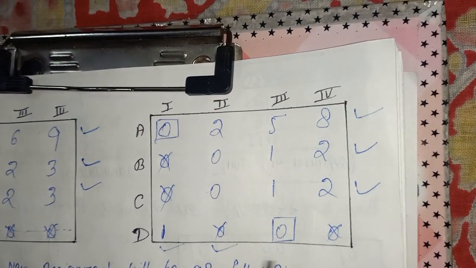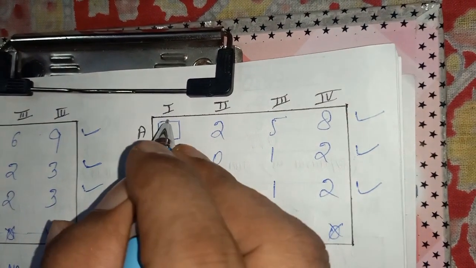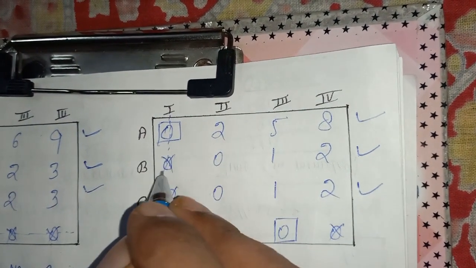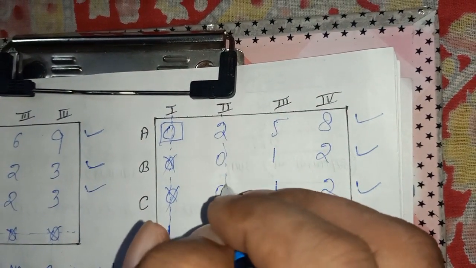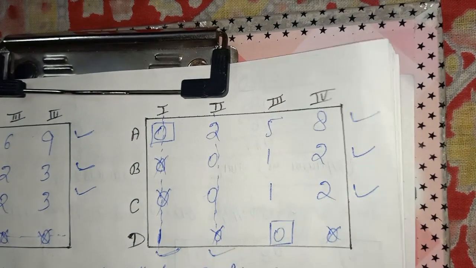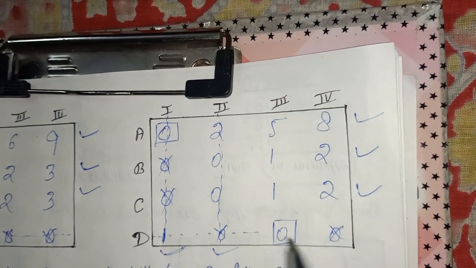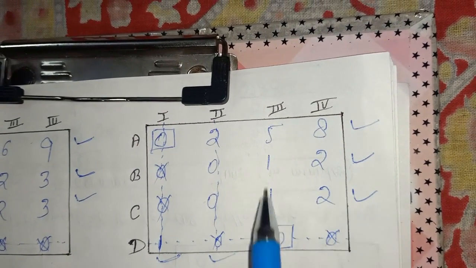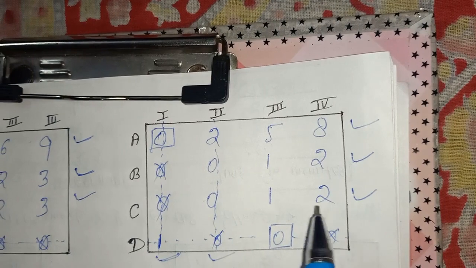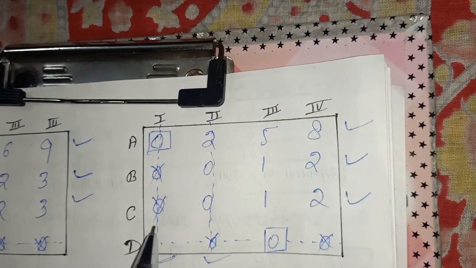Now cover the columns which are ticked with a line. This one, first column and second column, and the row which has not been ticked. Again, uncovered elements, search the minimum element from the uncovered elements, that is 1. Subtract from uncovered elements and add to the intersection point.